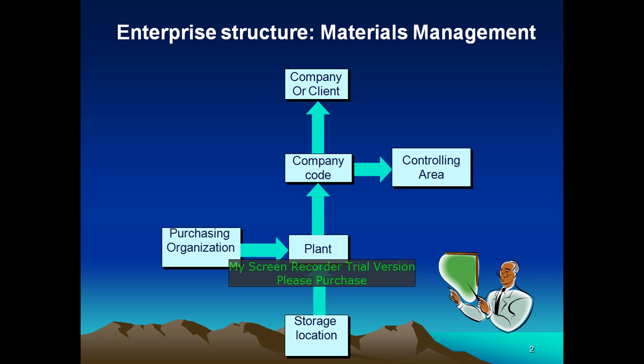For example, consider a corporate group called ABC Corporation, which has companies such as ABC Steel, ABC FMCG, and ABC Pharmacy. If ABC Corporation wishes to implement SAP software for all of its companies in a single instance, then it should be represented as a client.